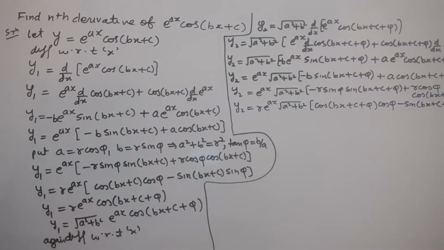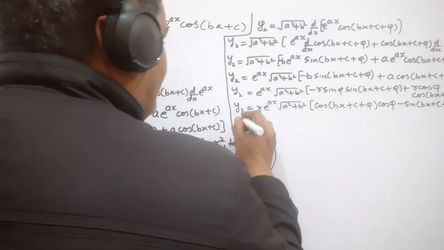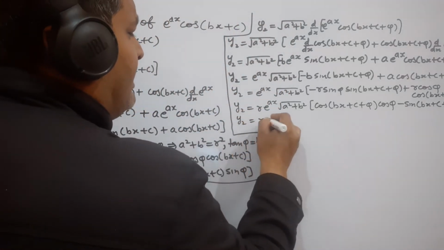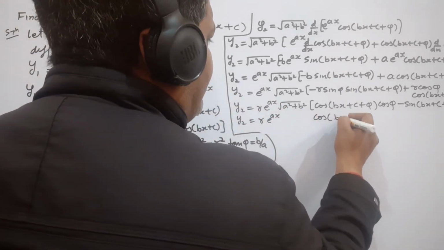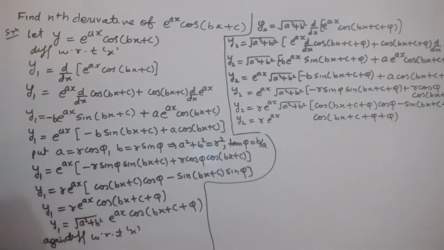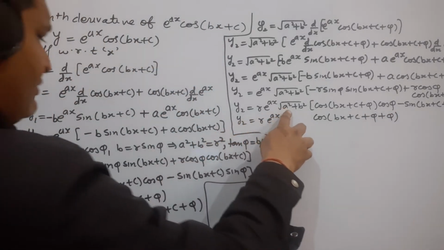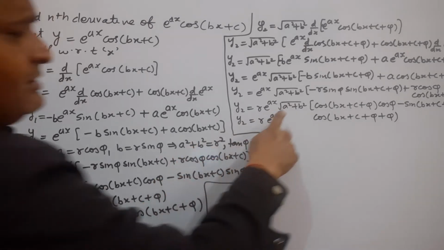Here we use the formula cos A cos B minus sin A sin B is equal to cos A plus B. So we can write here r e to the power ax, and this one is cos bx plus c plus phi, and we know that under root a square plus b square, from here we can write this is small r.